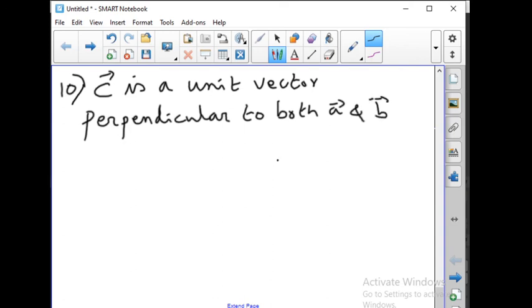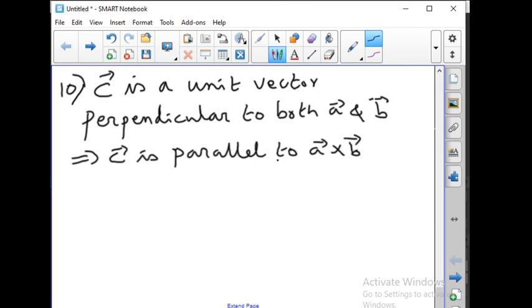This is given. So, because it is a unit vector perpendicular to A vector and B vector, we say that C vector is parallel to A vector cross B vector.